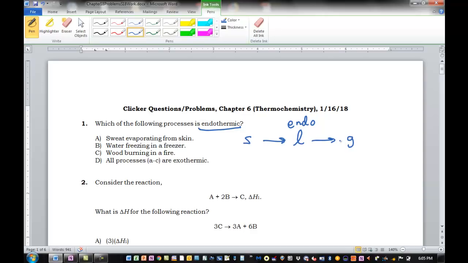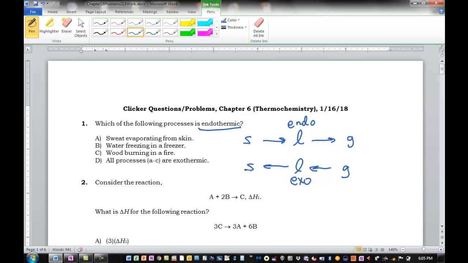Now, remember, when we reverse the direction of a reaction, the sign changes. So if we go gas to liquid, condensation, or liquid to solid, freezing, that's going to be opposite. That's going to be exothermic. We could even go gas to solid, which is called deposition.